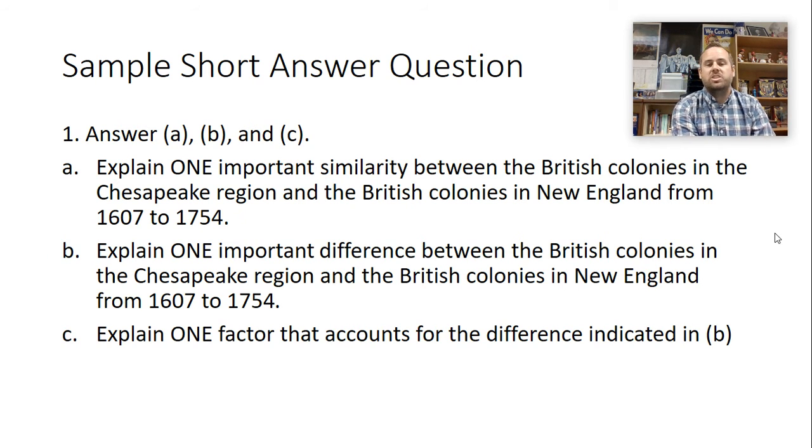Now we can flesh it out a little bit more, and we can say in the South they had a warmer climate with a long growing season that lent itself to cash crop agriculture such as tobacco plantations. However, in New England, they had harsh cold winters, rocky soil, so they really couldn't grow huge amounts of crops, but they did have access to harbors, timber, shipping industry, and other economic endeavors of that ilk.